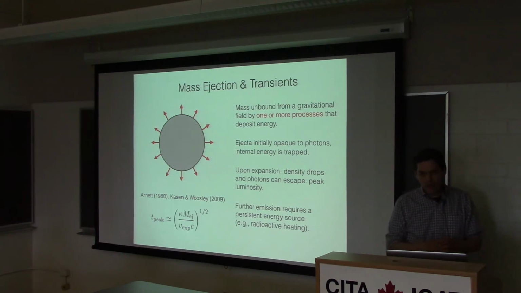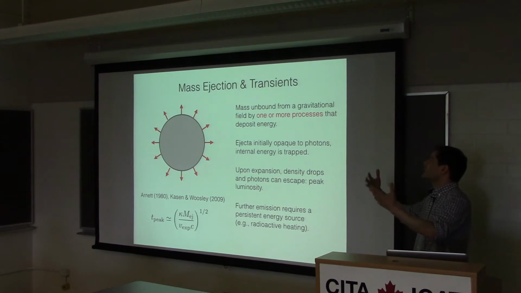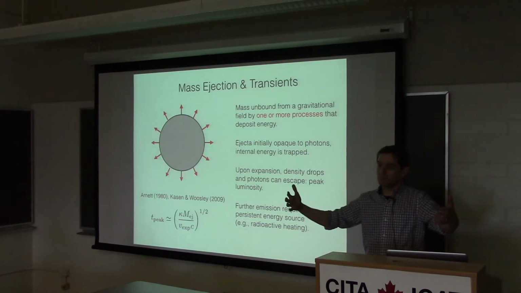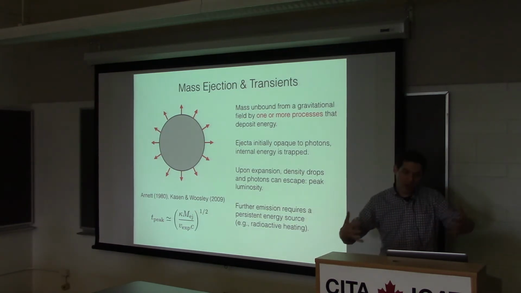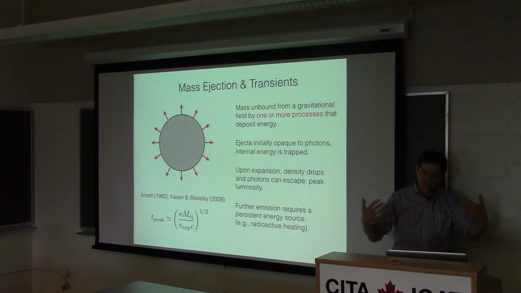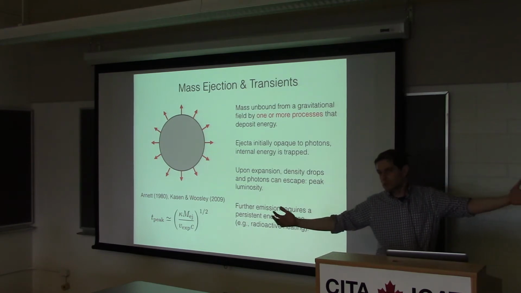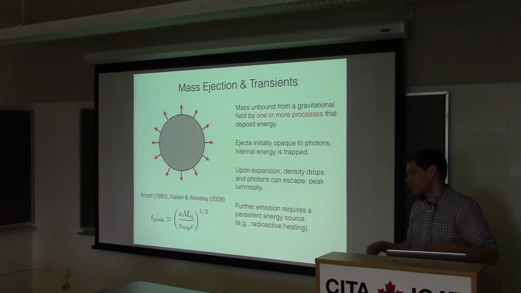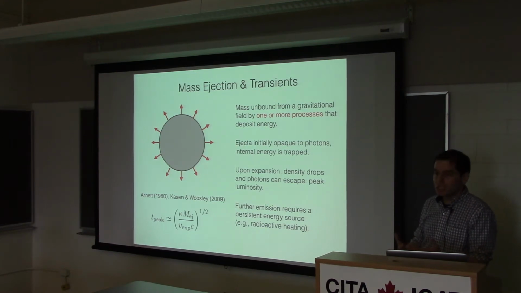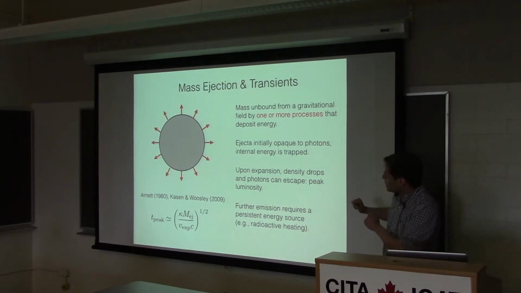In most cases, this ejecta that's being unbound from the potential is initially such that the photon diffusion time is long compared to the expansion time. That is, the time it takes the radius of this ejecta, with its characteristic size, to double is much shorter than the diffusion time. So radiation, and therefore the internal energy that is initially accompanying this ejecta, is trapped.